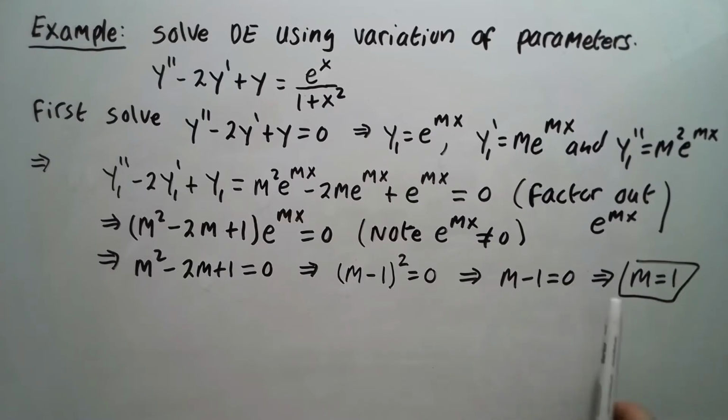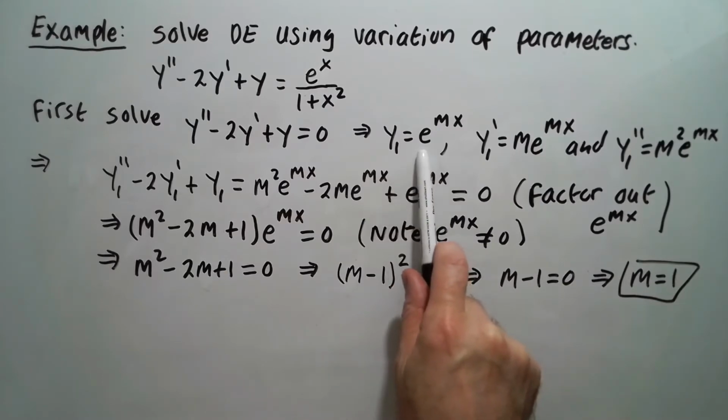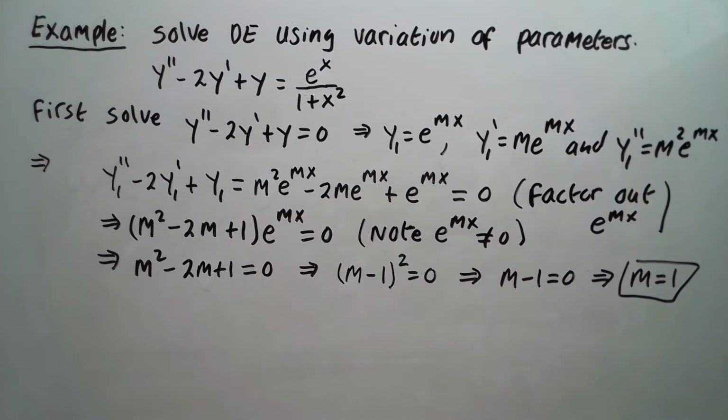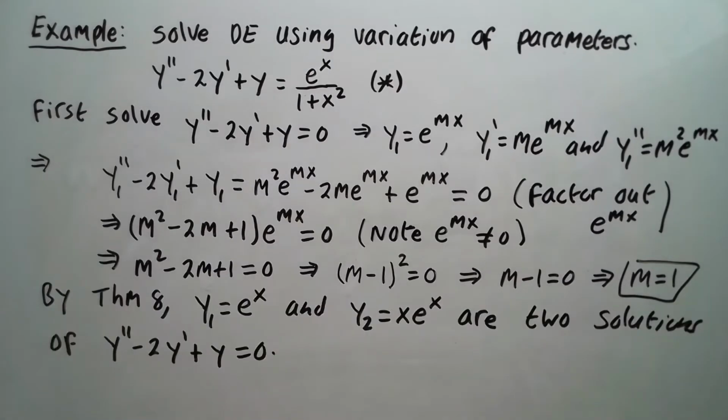We know one solution is y1 equal to e to the x, and the y2 solution would be x e to the x. So by theorem 8, y1 equals e to the x and y2 equals x e to the x are two solutions of the homogeneous differential equation equal to 0.